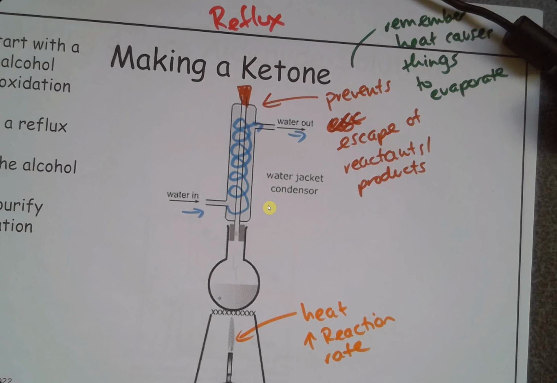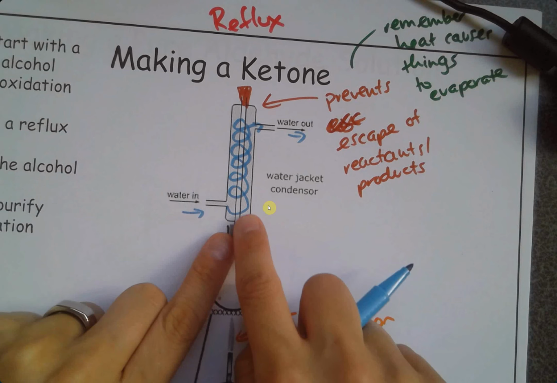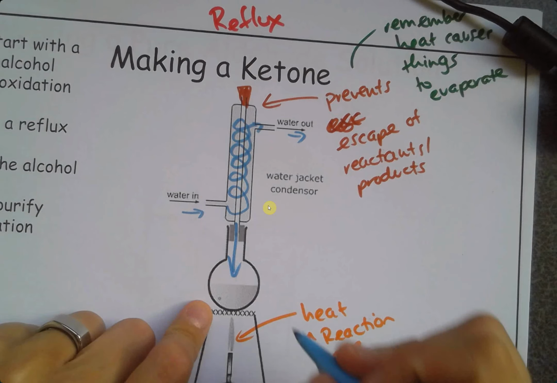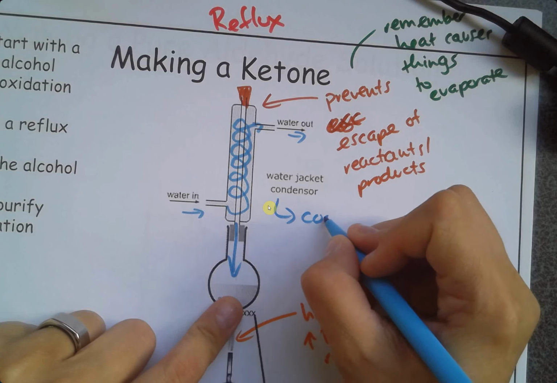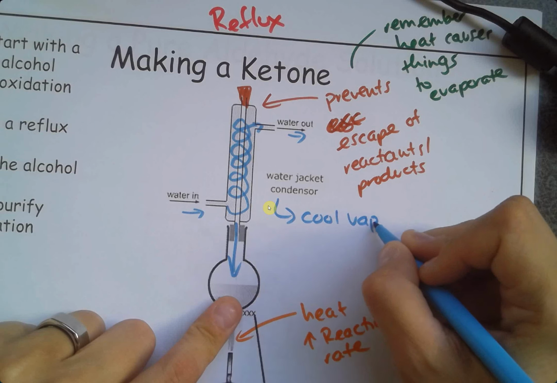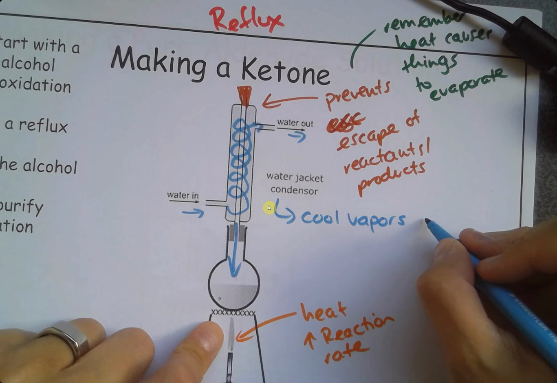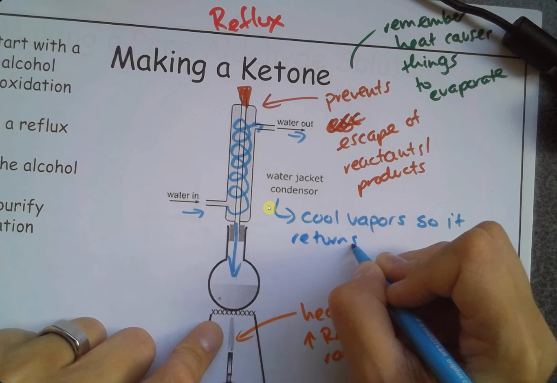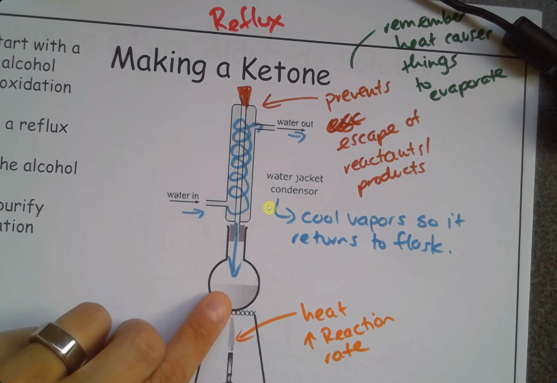And that cold water is useful because it means that we condense the vapors back into our flask. So that condenser is there to cool the vapors, so that way it returns to the flask. Now, when it returns to that flask, it can then react.